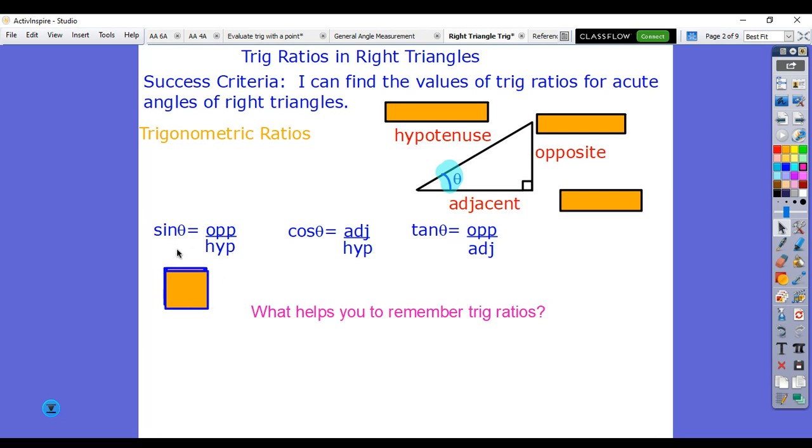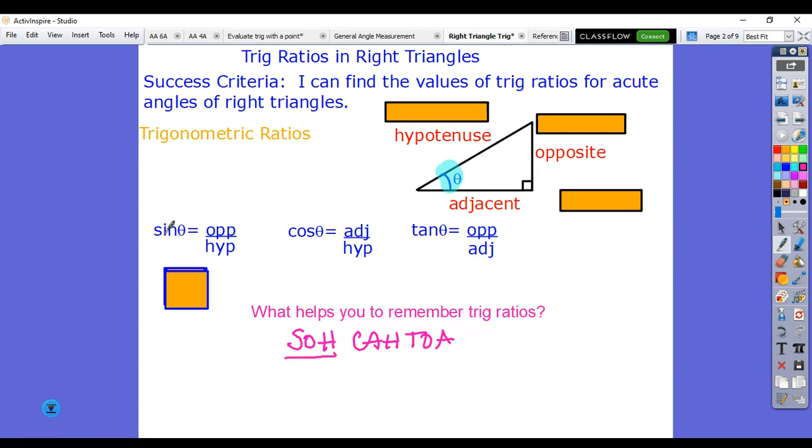All right, so if I were to take on a calculator the sine of an angle, it will have the exact same value if I take the length of the opposite side and divide it by the hypotenuse. Cosine is adjacent over hypotenuse, tangent is opposite over adjacent. And typically one of the things people remember from geometry, trig, is the phrase SOH CAH TOA.